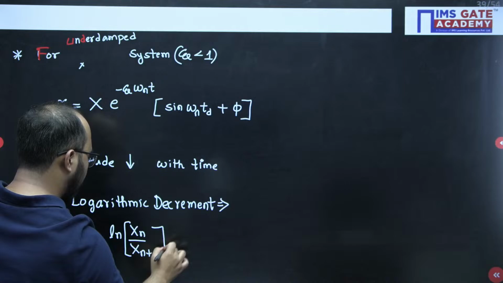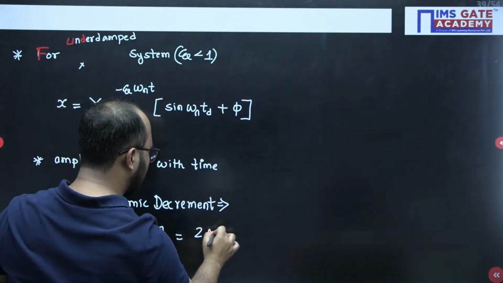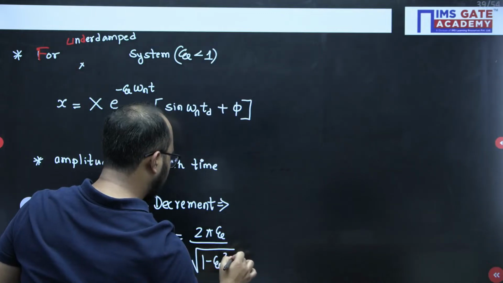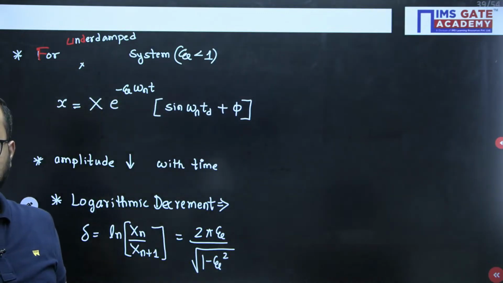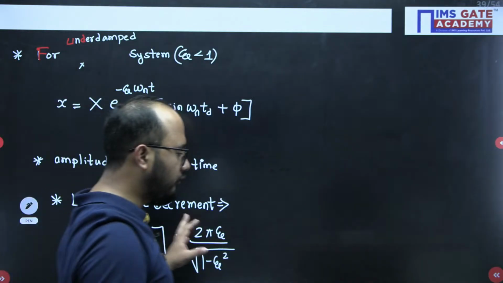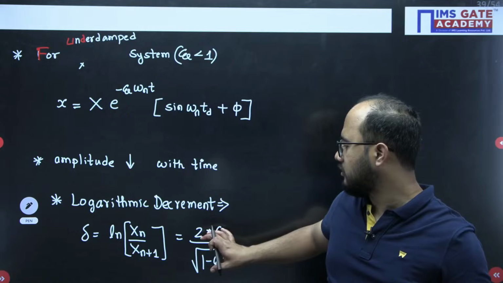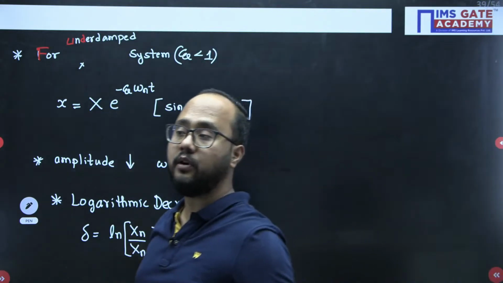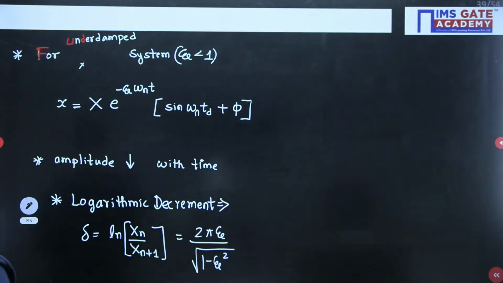Its formula can also be written like this: 2 pi into damping factor divided by under root 1 minus damping factor square. Got it? So these two formulas at least you should remember. Sometimes this one is useful or sometimes this one is useful. Both formulas are very important for logarithmic decrement. Done everyone?